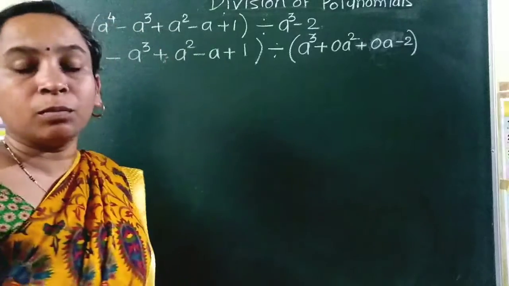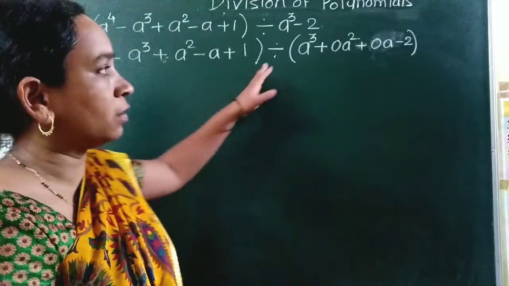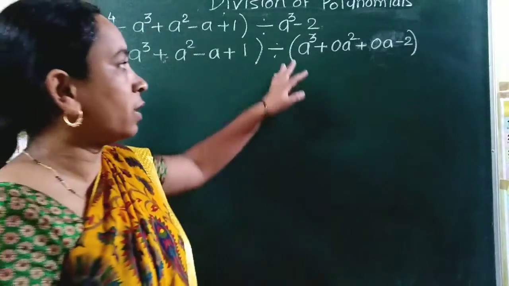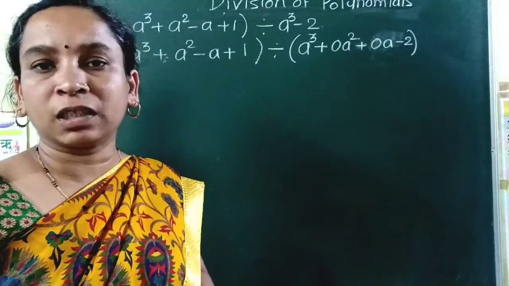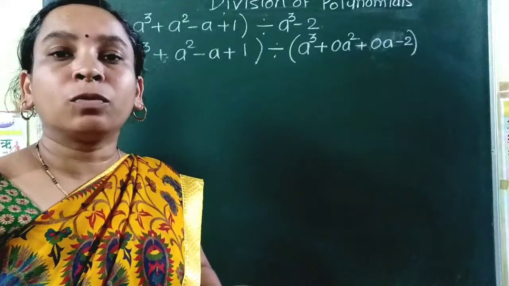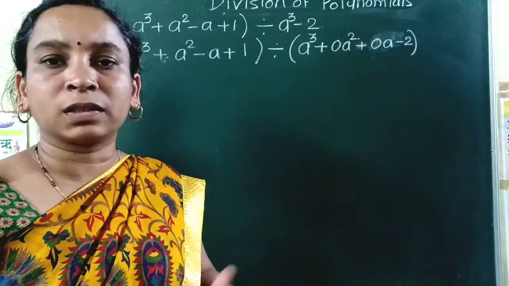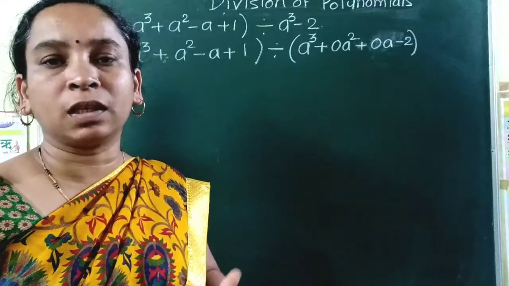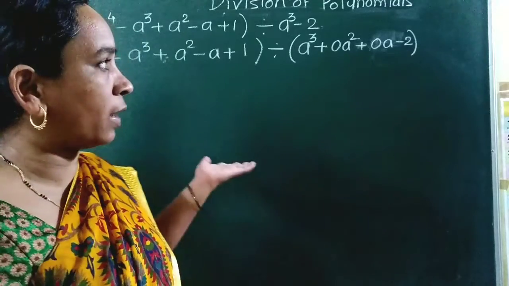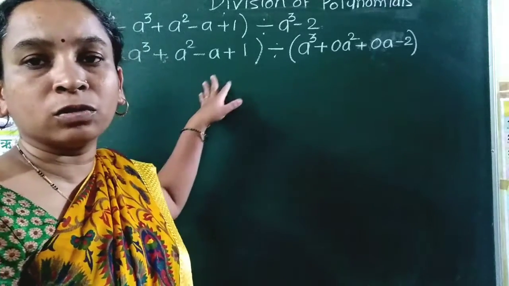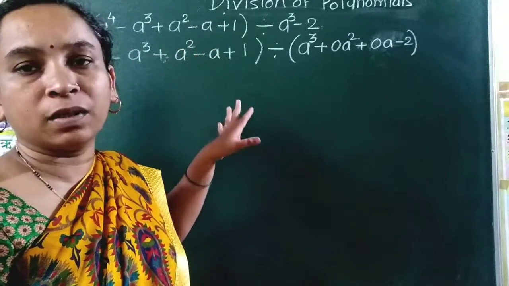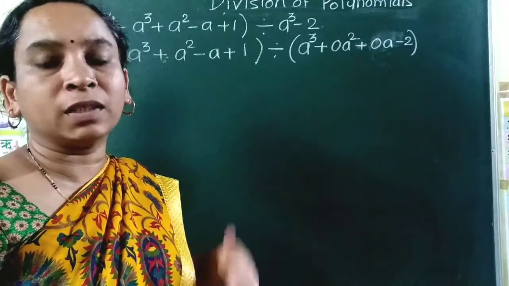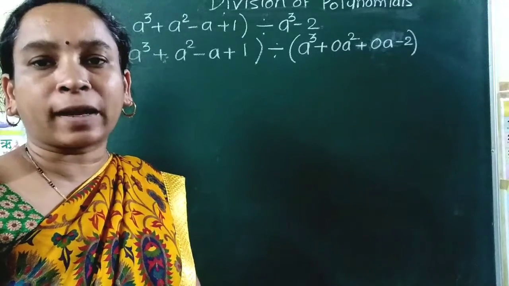So here in both the cases I have written in the index form. Actually it is not compulsory to write the divisor in the index form and solve it. But to avoid the mistake and to understand the concept, to get the accuracy in our example, we can write both the divisor and dividend in the index form, and then we'll solve it. It will give you the accuracy.